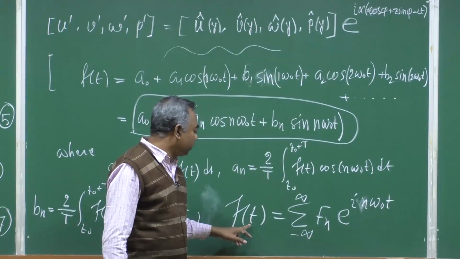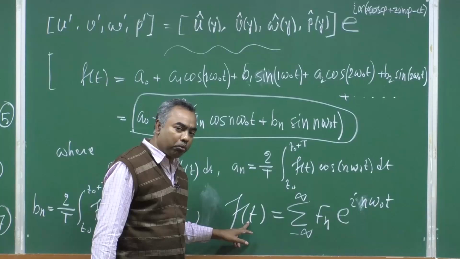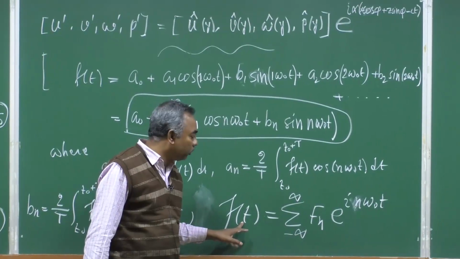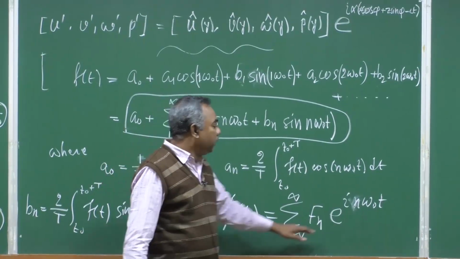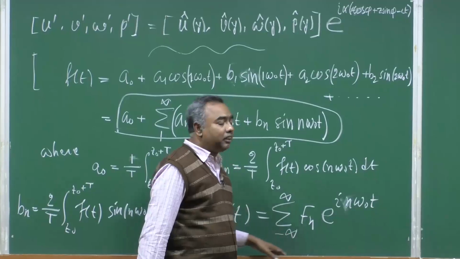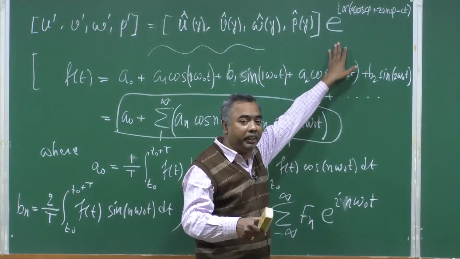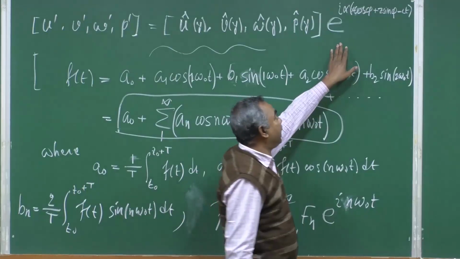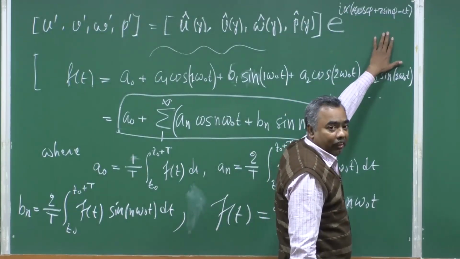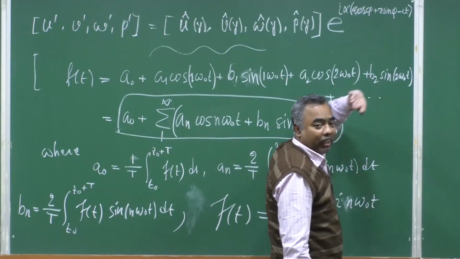Now, instead of this being just a function of t, it can be a function of x and t both. In that case, provided that it is periodic in x and t both, we can write this as exponential i alpha x minus omega t.